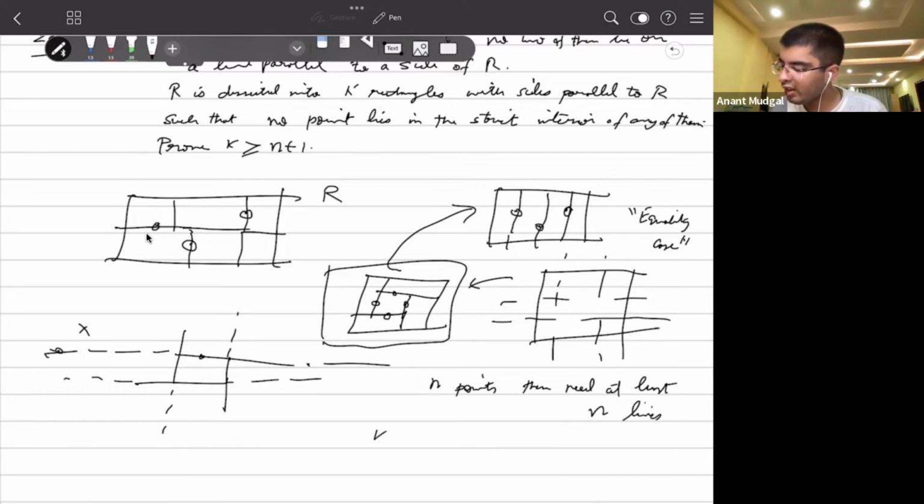And if you have k rectangles, you can observe by looking at many such pictures, you get at most k-1 lines.